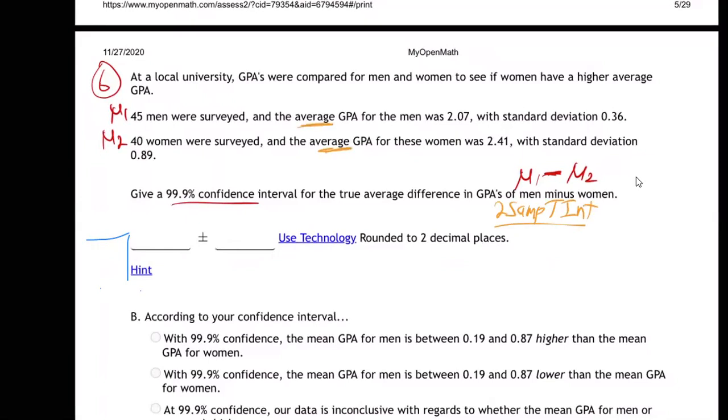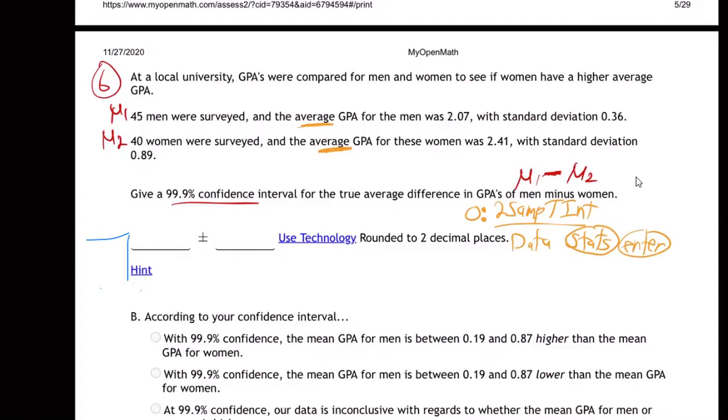The average and the average, it's not proportions, it's averages. So we go over to two sample t interval, and we've got to go all the way down, like the 10th one down below 9, we call it 0. And then do we have data? No, we don't have any data here, do we? So we're going to choose stats and hit enter.